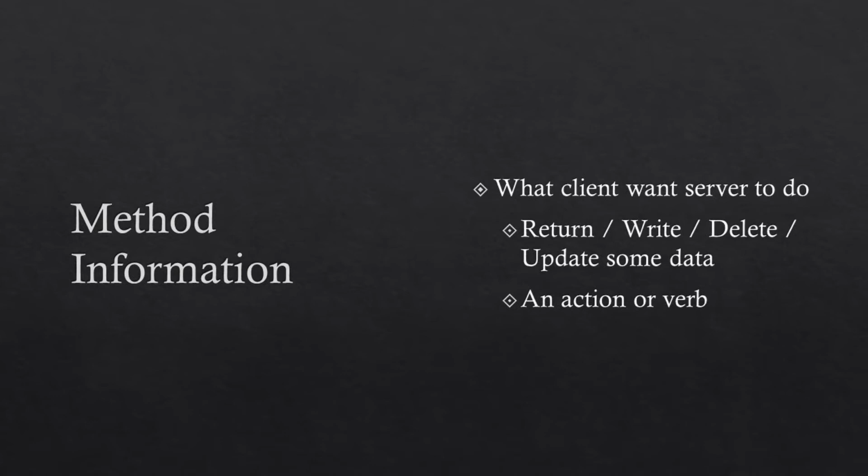Some examples: the client may want the server to write some new information, or give back some information, or delete some data from the server, or update something which already exists. There can be other actions too, but we will keep it simple with these four. This is the fundamental action or verb that the client wants the server to perform.